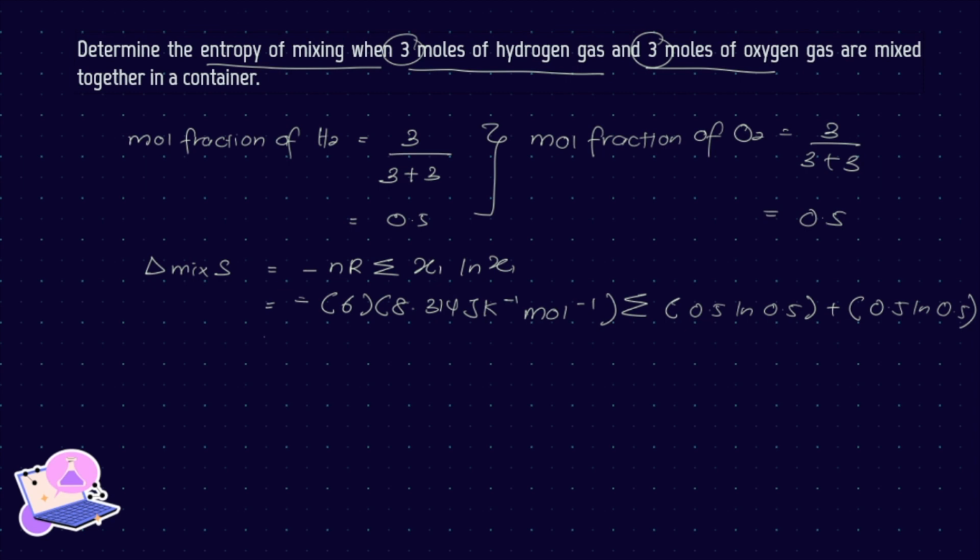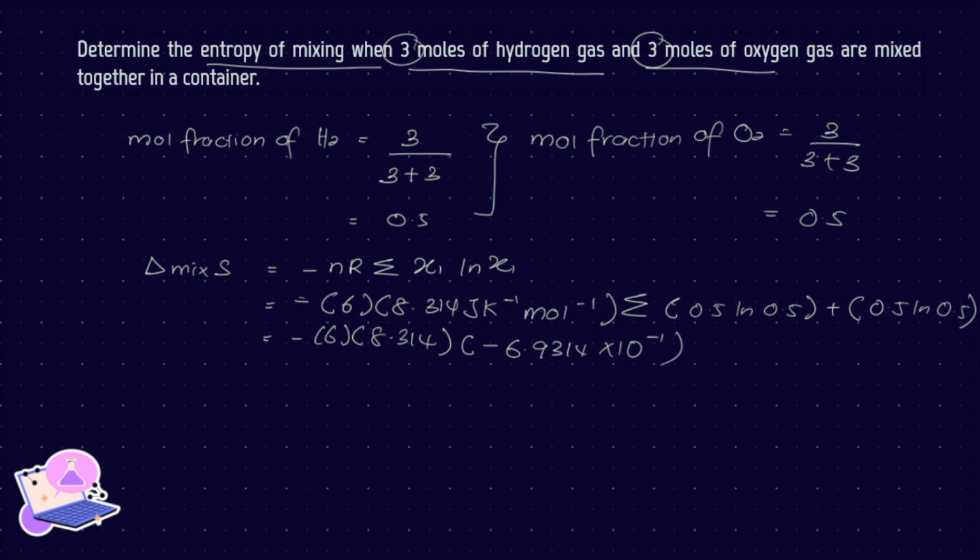Right? So from here you shall get negative 6 times 8.314. The summation of this is equivalent to negative 6.9314 times 10 to the power of negative 1.